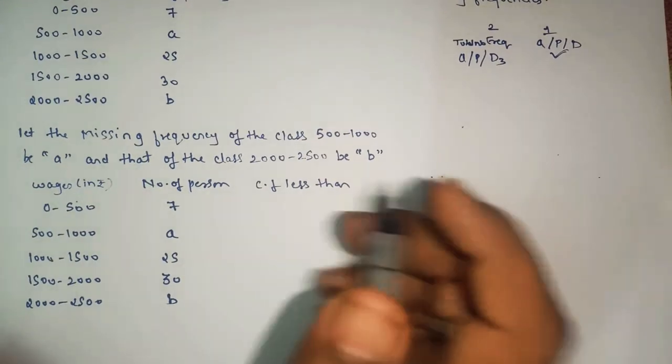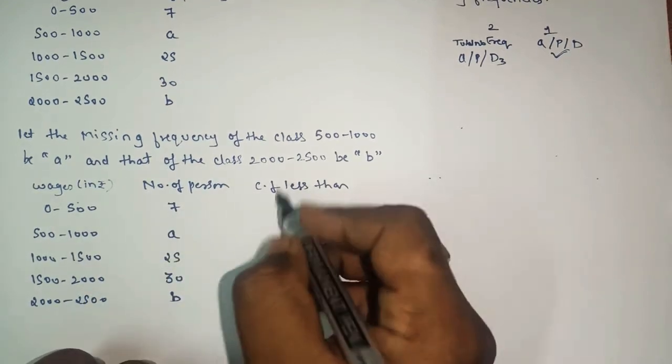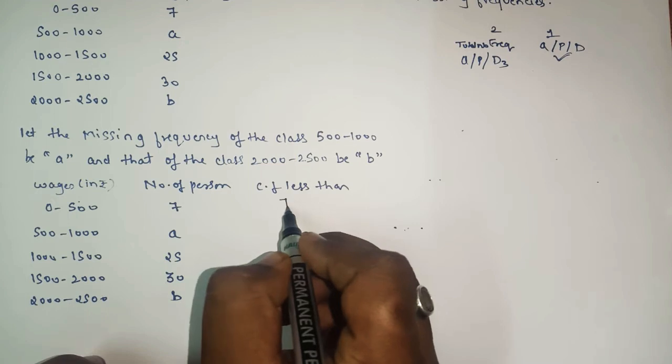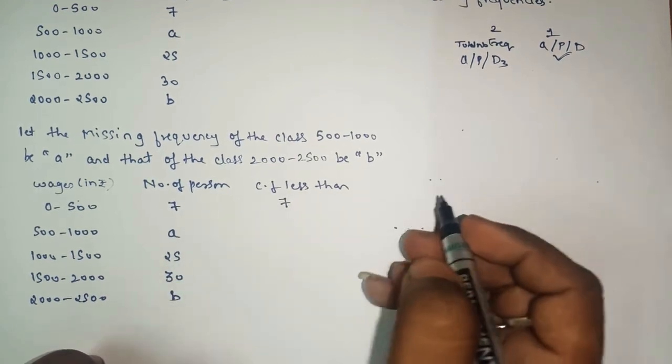Then we have to find the cumulative frequency. The first number you write as it is, then simply go on adding.